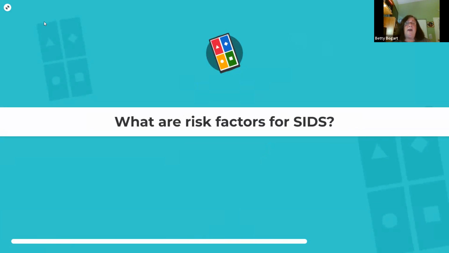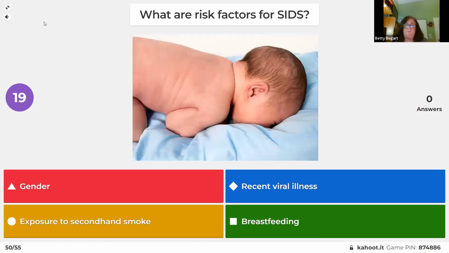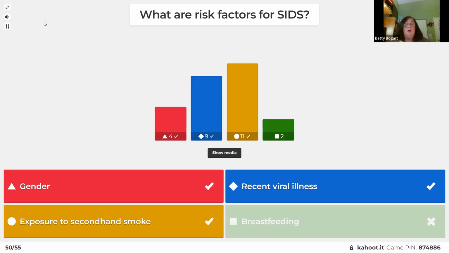A multi-select. What are risk factors for SIDS? So males are more than females.